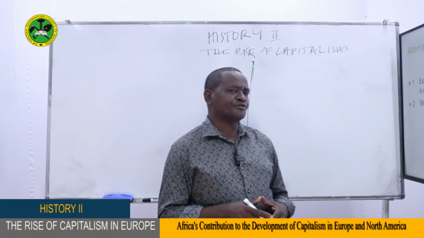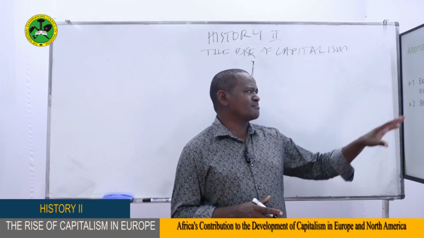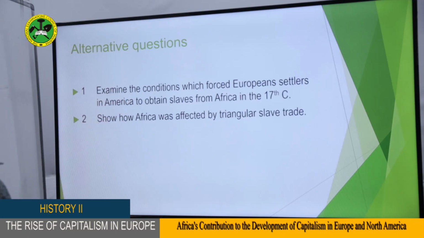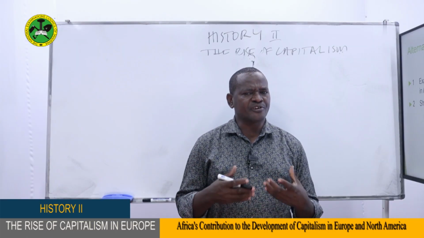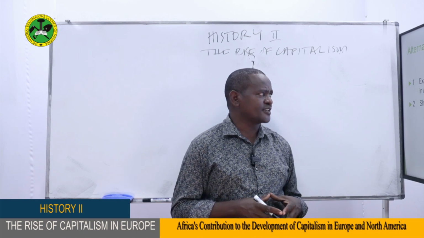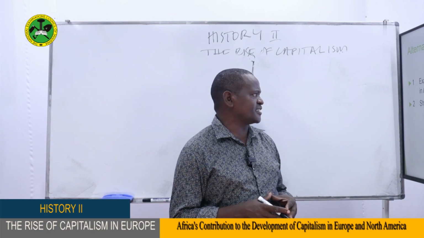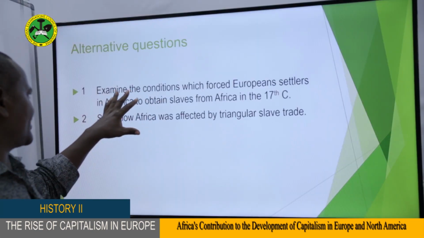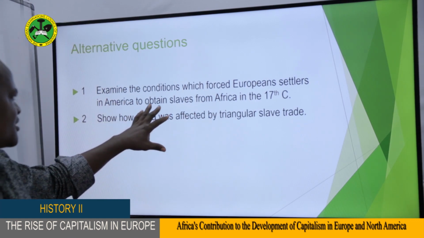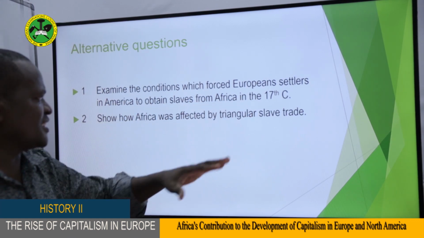My dear students, we also have some questions. Make sure that you are able to attempt them at the end of our lesson. While we are going on with our lesson, also try to look out for the answers to these two questions. The first question is: examine the conditions which forced European settlers in America to obtain slaves from Africa in the 17th century.